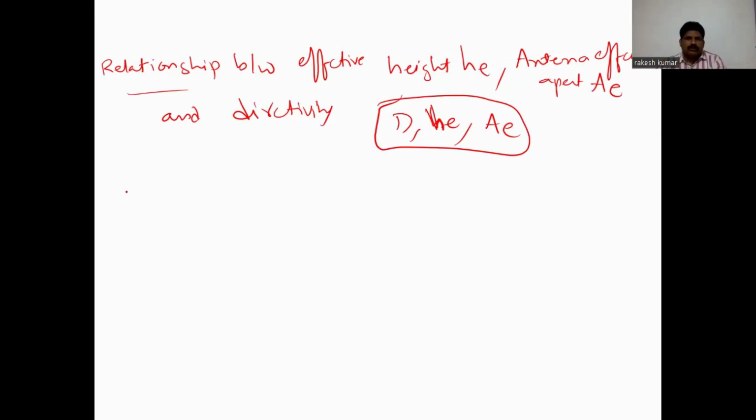We know from the previous expression that the power received by an antenna is given as V_oc square by 8 R_rad. This we derived while deriving the relationship between directivity and effective aperture area. What is the formula for the effective height?